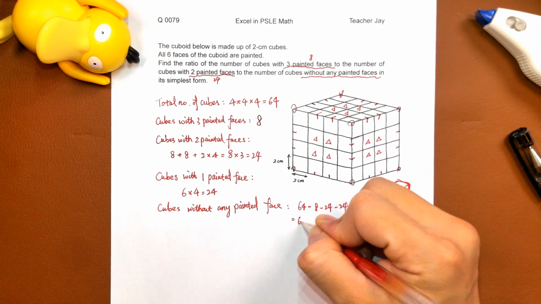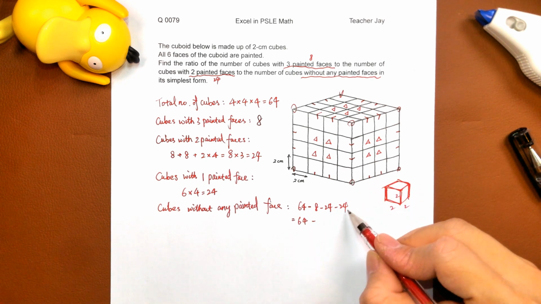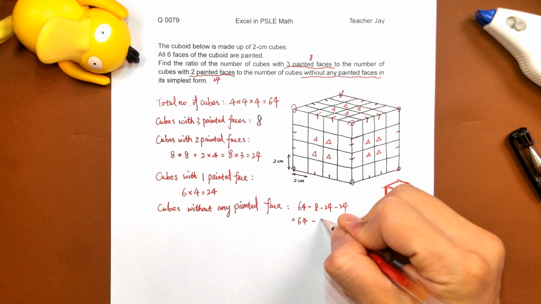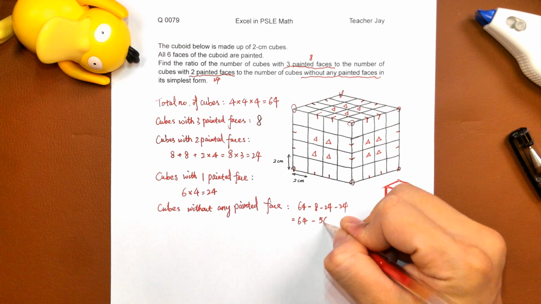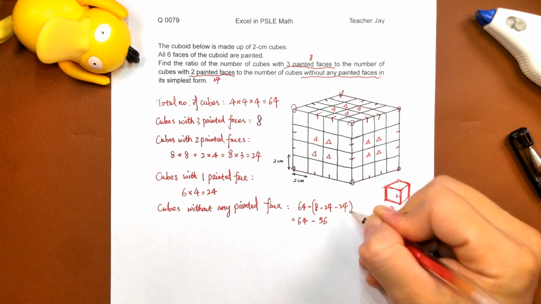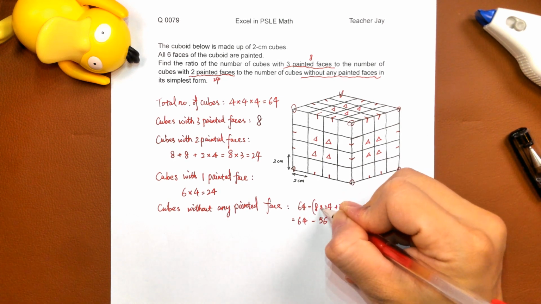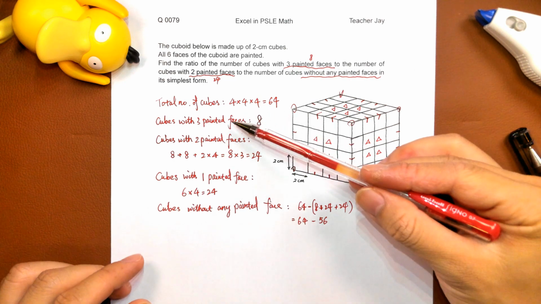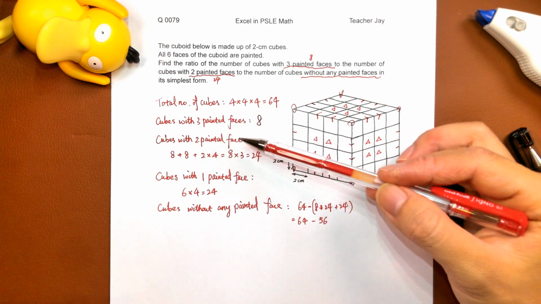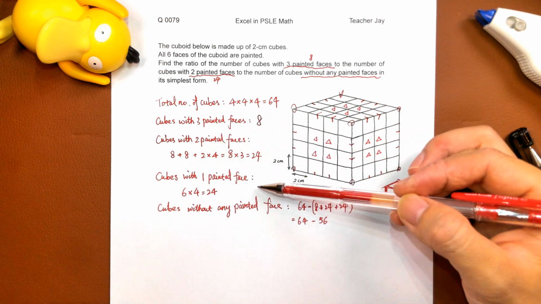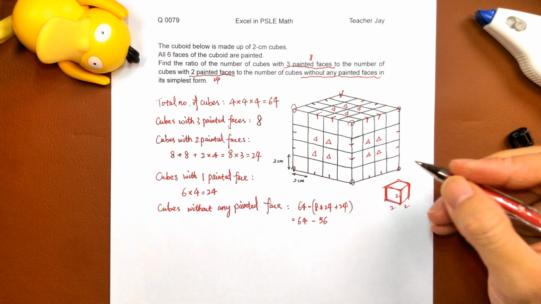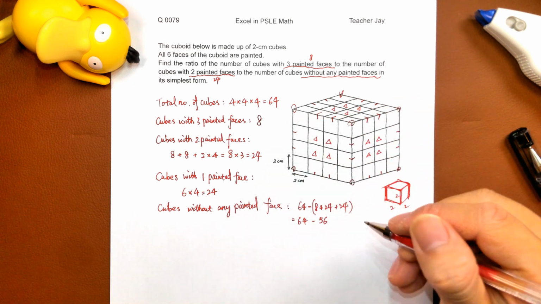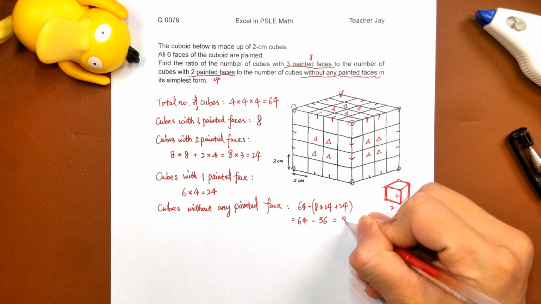That is 64 minus 56. All right. We can add up cubes with 3 painted faces, with 2 painted faces, and with 1 painted face. Here, we add up 3 together, and we got 56.